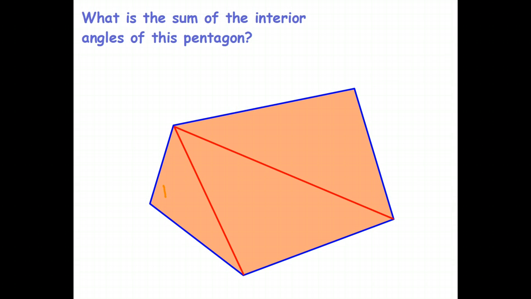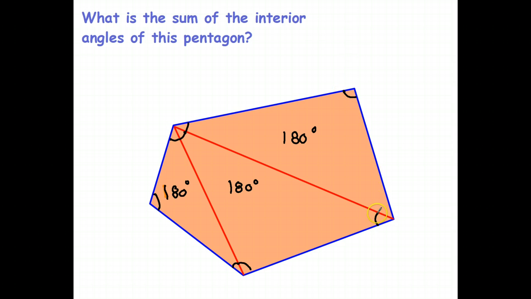I'll just use a black one. 180 degrees for that triangle, 180 degrees for that triangle, 180 degrees for that triangle. And if I mark all the angles in, like so, there's the first triangle, there's the second triangle, and there's the third triangle.